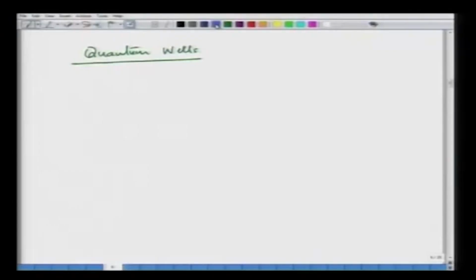So, what we are talking about here is a material which has a large band gap, and then we make another material which has a low band gap. So, we are using the picture of the band gap structure, where a large band gap material is sandwiching a low band gap material.